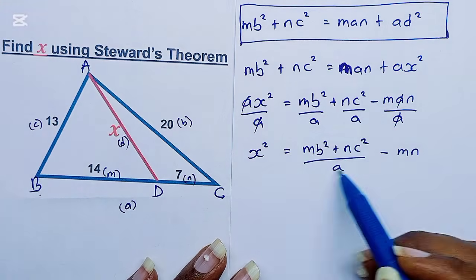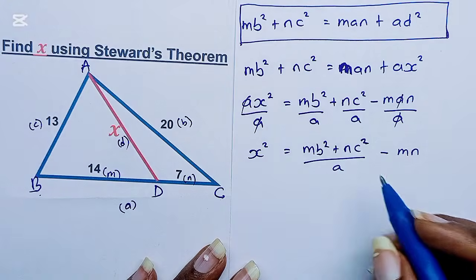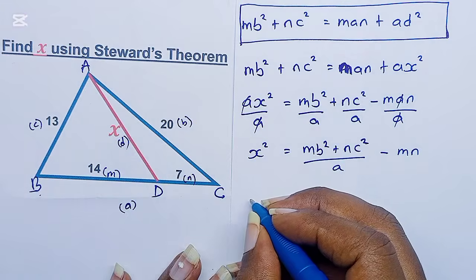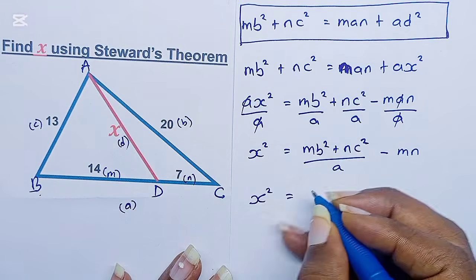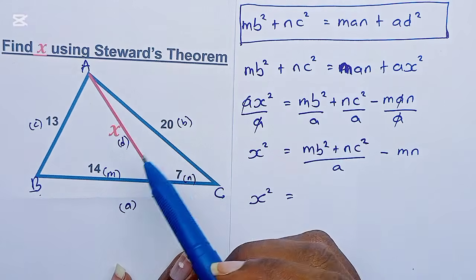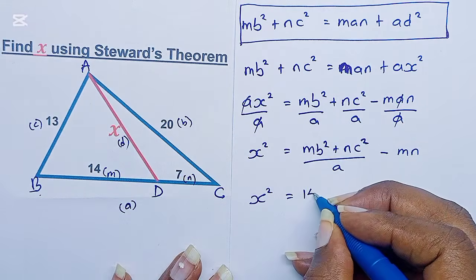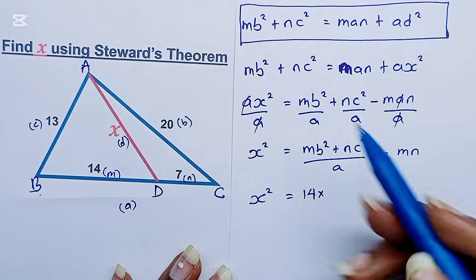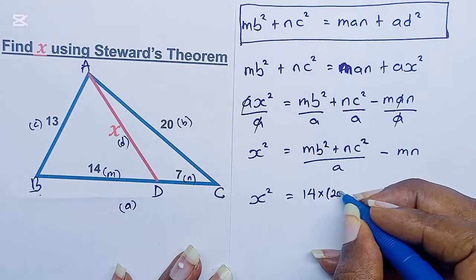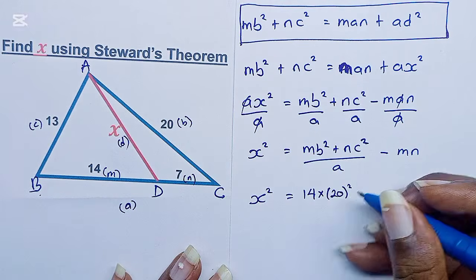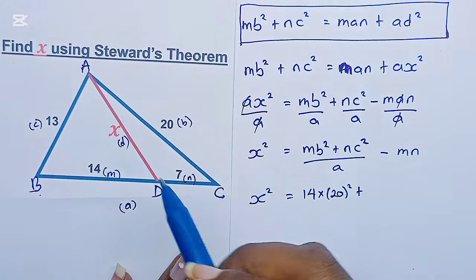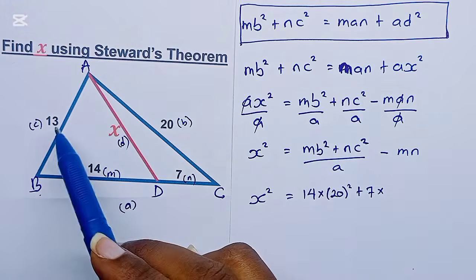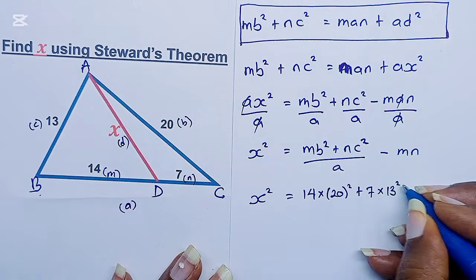Since we already know the values representing these figures, we shall have X squared is equal to, our M is 14, so 14 times, our B is 20 squared, then plus our N is 7 times, our C is 13 squared.